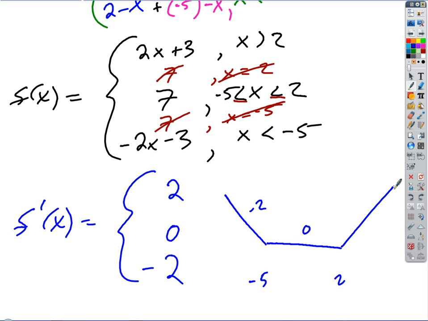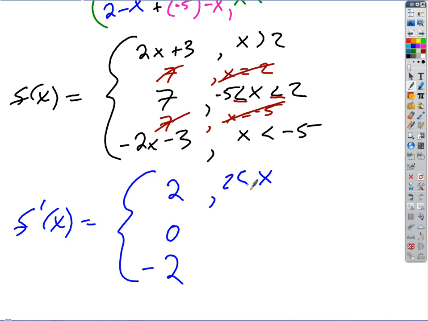Okay, so we've got all this information. Let me just get rid of this for a moment. Okay, so we know, and this is going to be whenever x is greater than 2. But because our interval stops at +7, we'll go between 2 and 7. Remember our interval, we're only looking between -7 and 7.